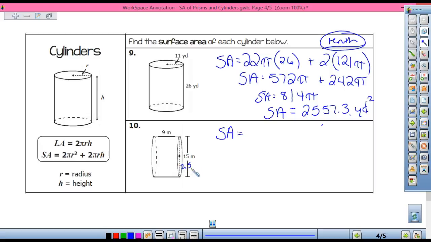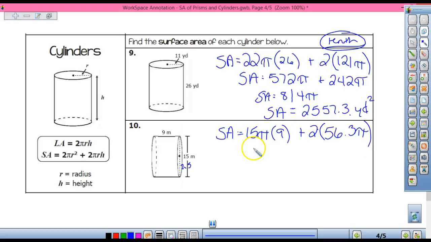So 2 pi r is going to give us 15 pi times, what is my height? 9, plus 2 times pi r squared. 56 point what? 3 pi, right?